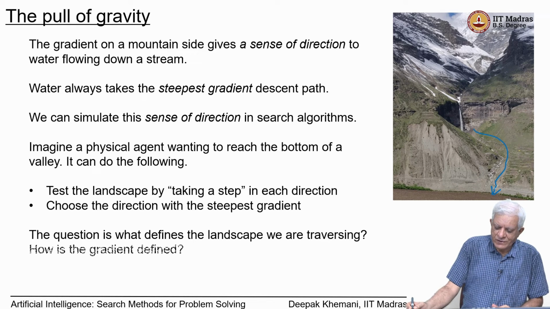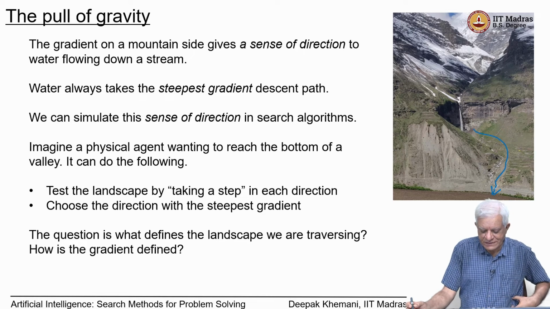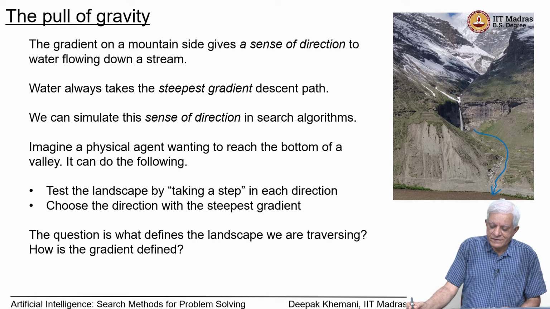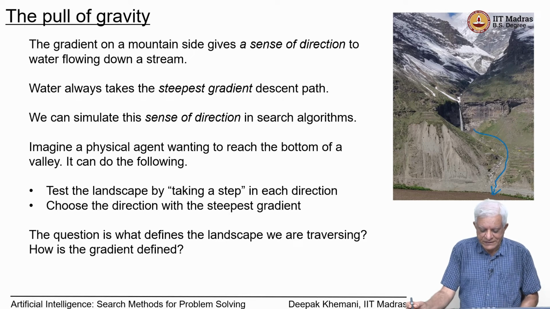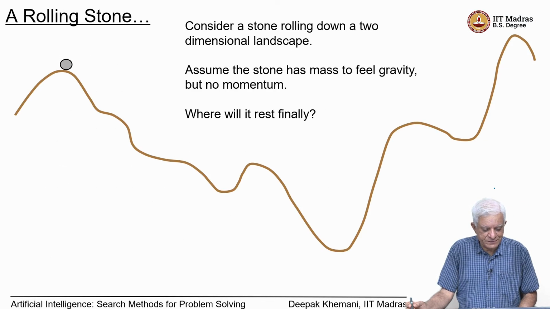The question that we would have to address is what would define the landscape that we are traversing. We assume that our search algorithm is traversing some kind of a landscape, but how is this gradient defined? This is what we will look at in this session.